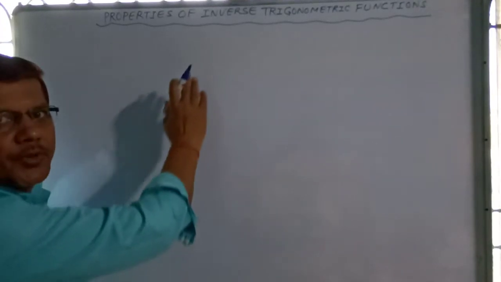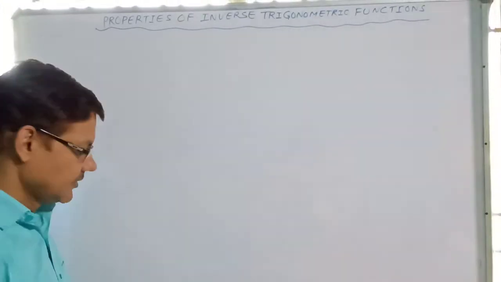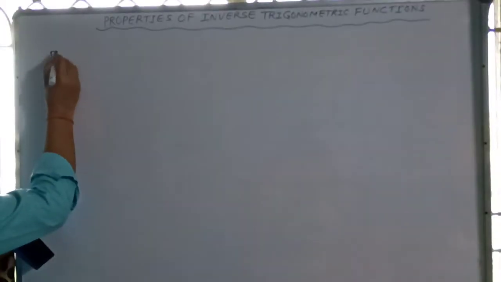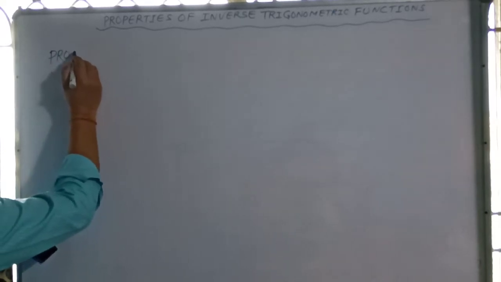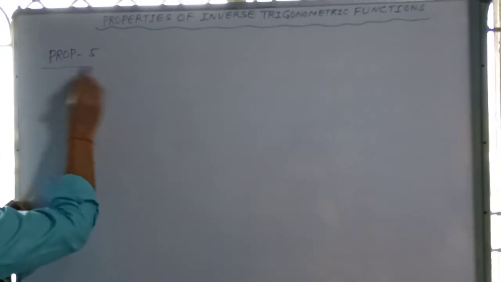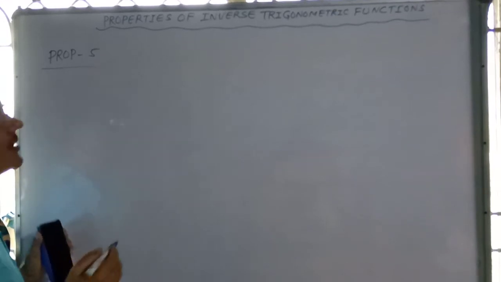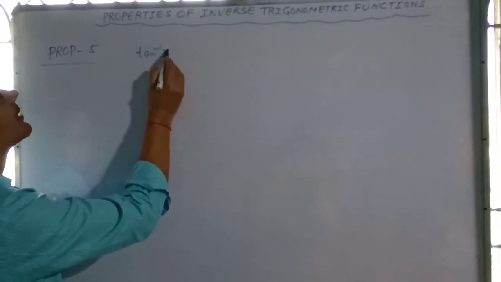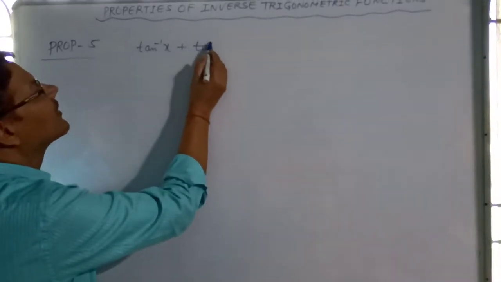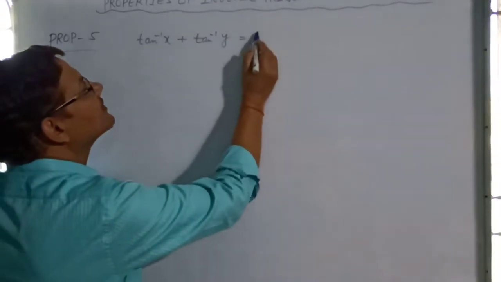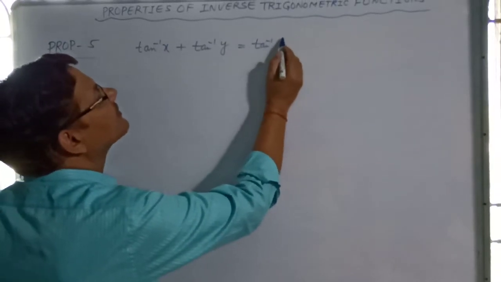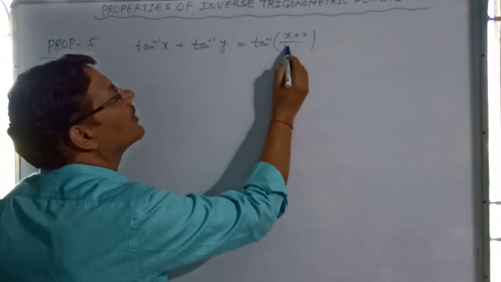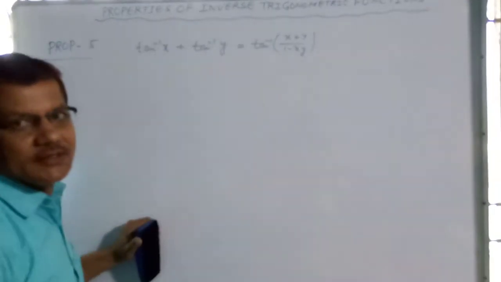Now in properties of inverse trigonometric functions, we come to property number 5. The statement is tan inverse x plus tan inverse y is equal to tan inverse of (x plus y) by (1 minus xy).